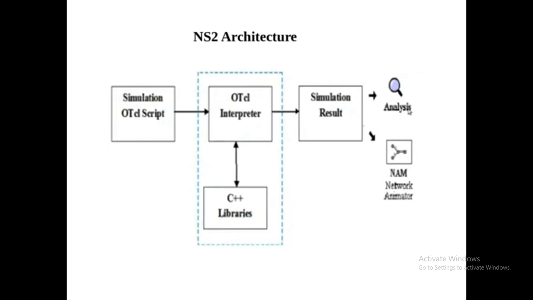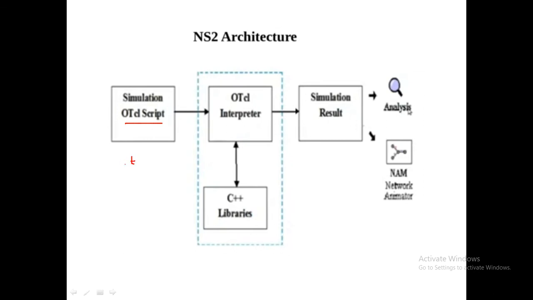Now if you look into the architecture of NS2, we start the simulator by writing TCL scripts, right? OTCL script, or in general TCL scripts. The extension of our NS2 programs will be .tcl.